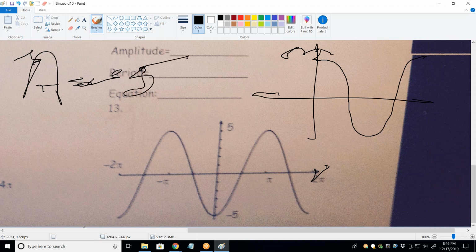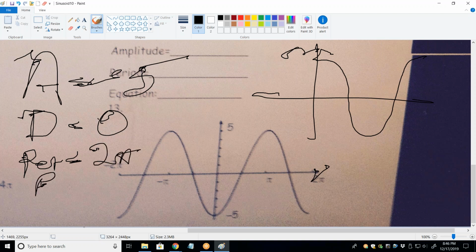What is D? What is B? What's the period? Two pi. So what is B? And what is C?